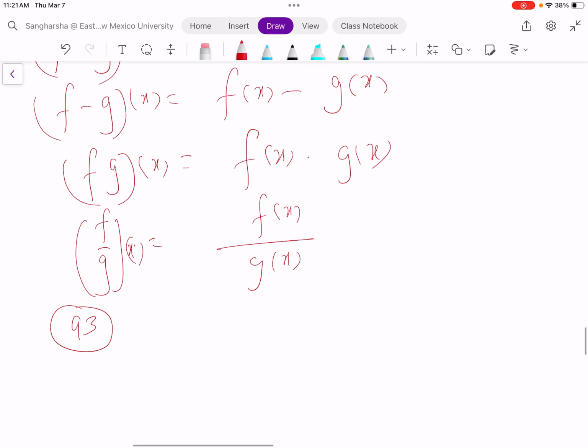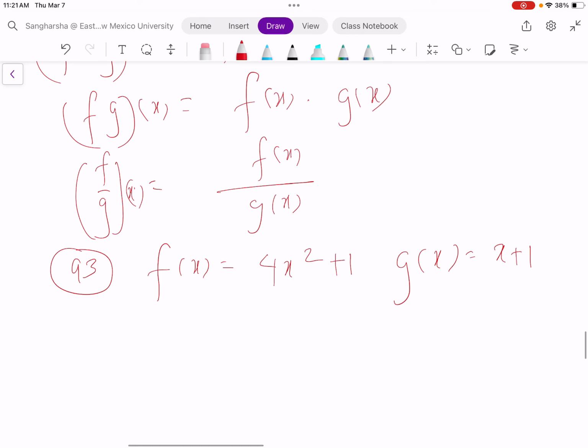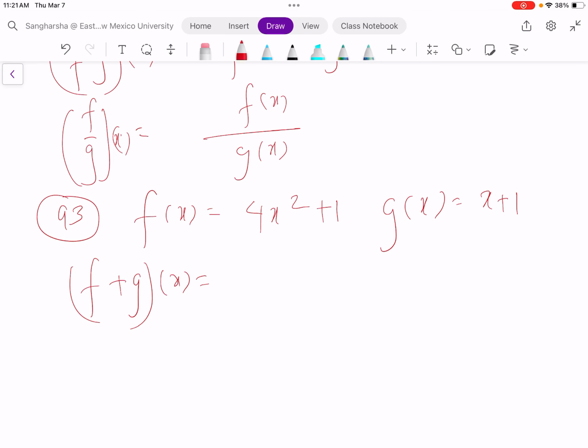So let me do 93. In 93, our f of x is 4x squared plus 1, g of x is x plus 1, and we need to find all of these four. So what is f plus g function? You are adding these two functions, so f plus g function is f function plus g function.